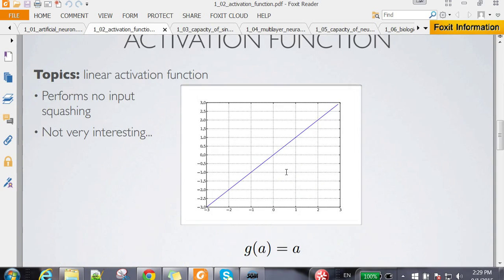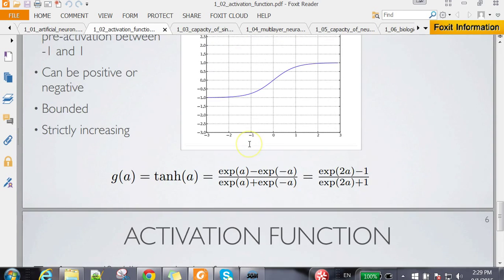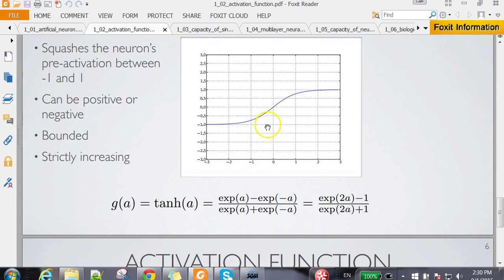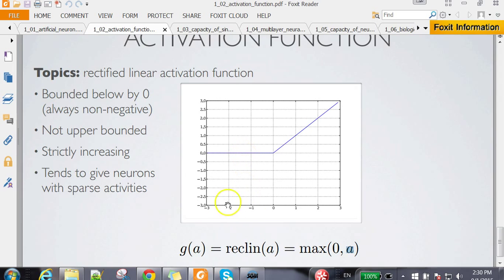But with this last activation function, a lot of times we're just going to get 0, because whenever the input is negative, we get 0 every time. Whereas here, when the input is negative, we get some negative numbers as the output. But here, whenever the input is negative, the output is exactly 0.